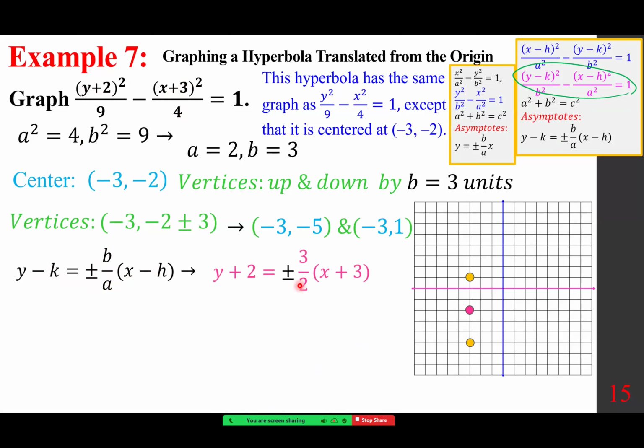Now, I'm going to assume you can distribute the 3 halves, and then you move the 2. The right side here is plus or minus 3 halves x plus or minus 9 halves, and you move the 2, and remember, because you have the 2 as the denominator, you change the 2 to 4 halves, and it results in -3 halves.